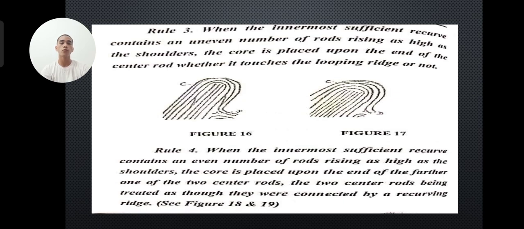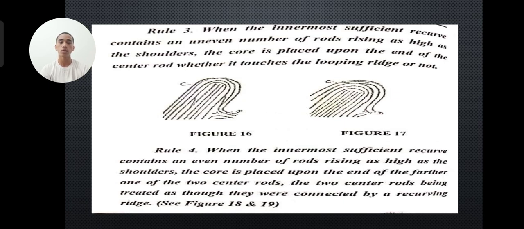So, if rule number 3 is for uneven numbers, rule number 4 is for even numbers. When we say even numbers, they come in pairs, for example 2, 4, 6, 8, and 10, and so on.